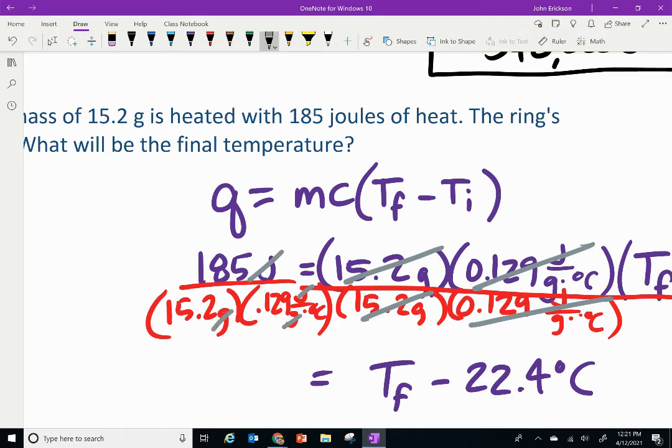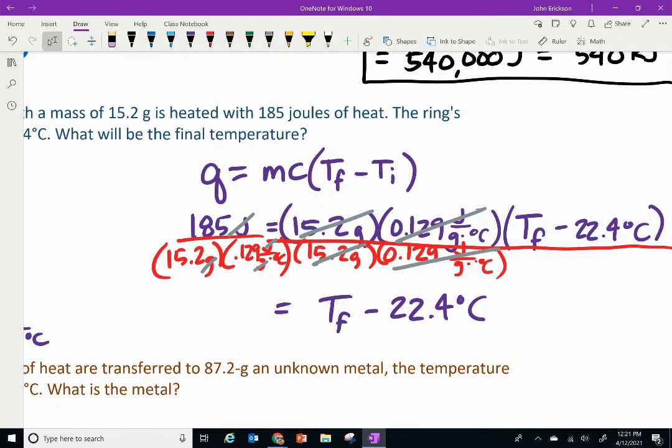And so the units for my answer are going to be 1 over degrees Celsius, or just degrees Celsius. The number comes out to 185 divided by 15.2 divided by 0.129. So 94.3. That's equal to TF minus 22.4.